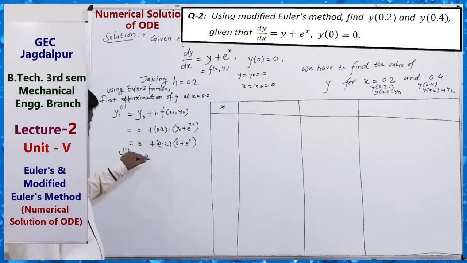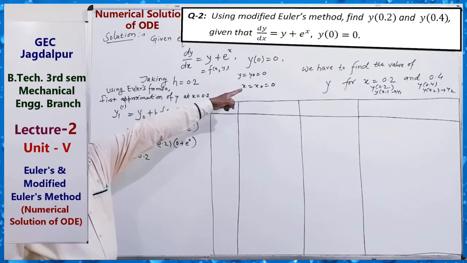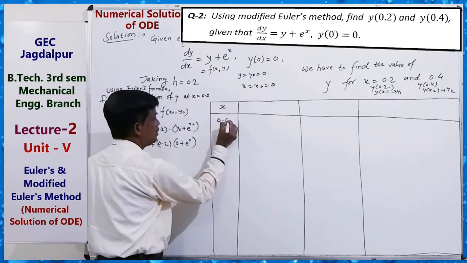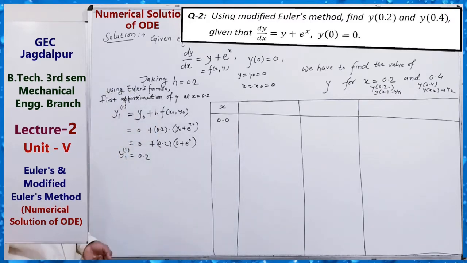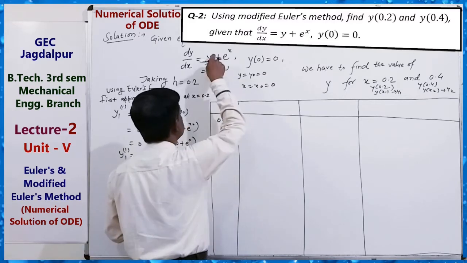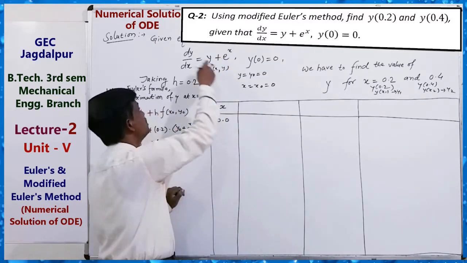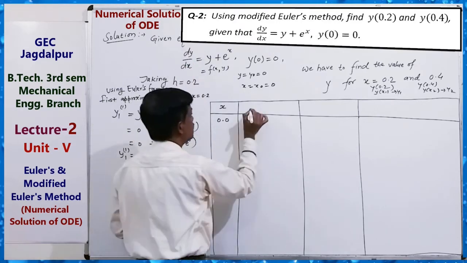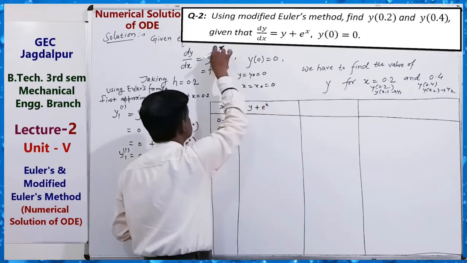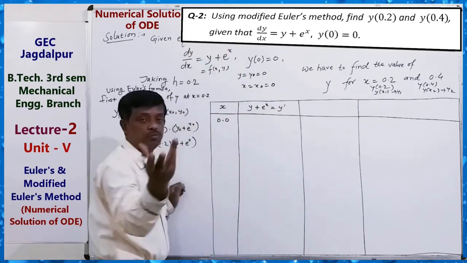So this can be written here: the first value of x is x0, so we write 0.0. And the second value is for slope. Slope is this f(x, y), which means y dash. So y plus e to the power x, that is y dash, and y dash means slope.